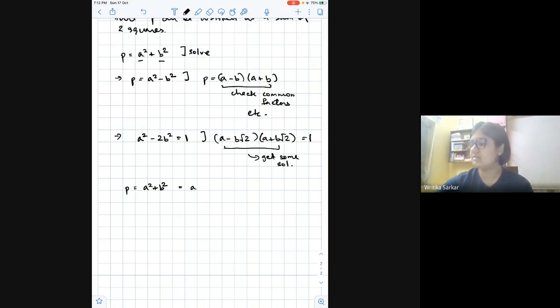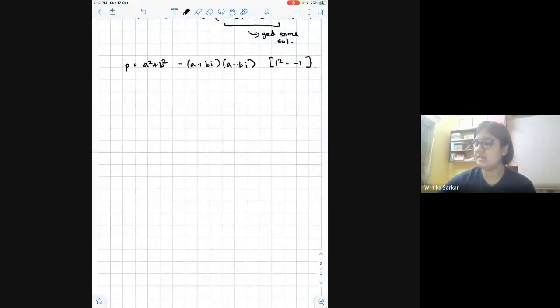We can actually factorize this as a plus bi times a minus bi, where i squared is equal to minus 1.